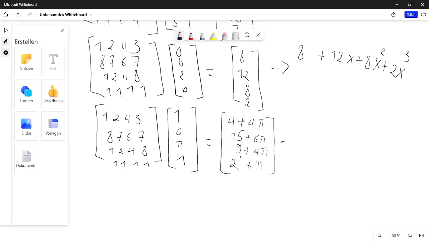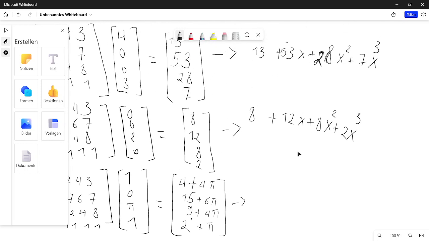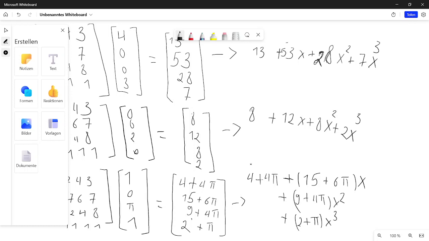And that gives 4 plus 4 pi plus 15 plus 6 pi x plus 9 plus pi x squared plus 2 plus pi x to the power 3.